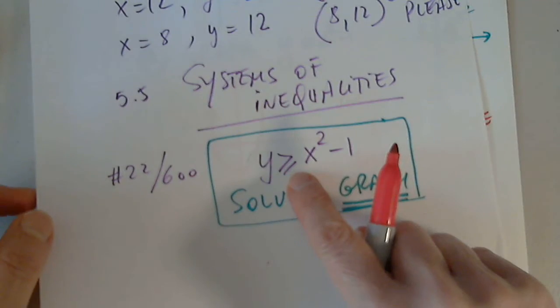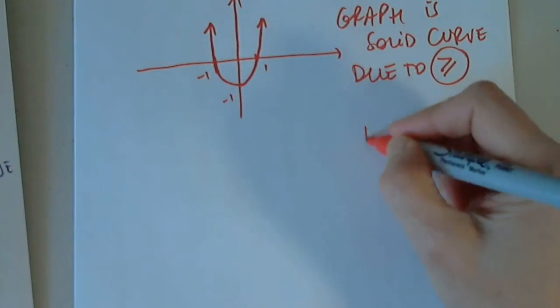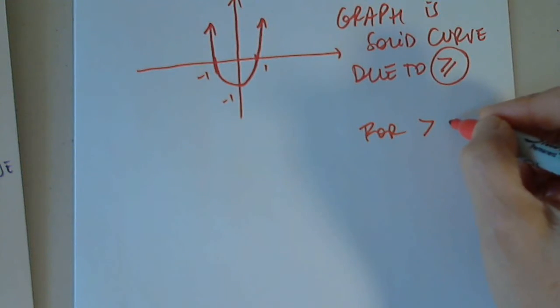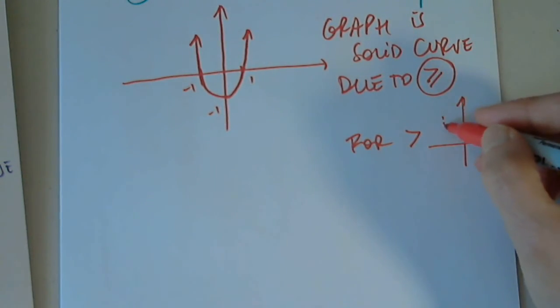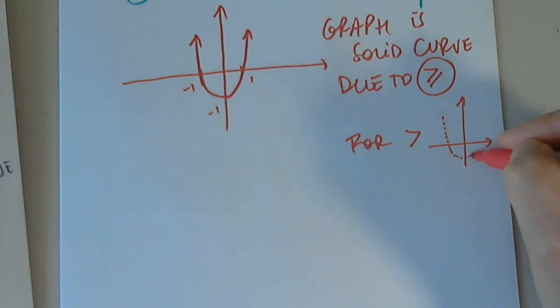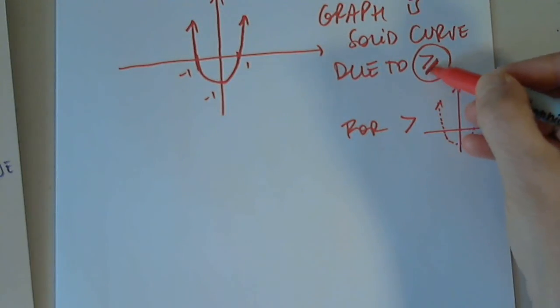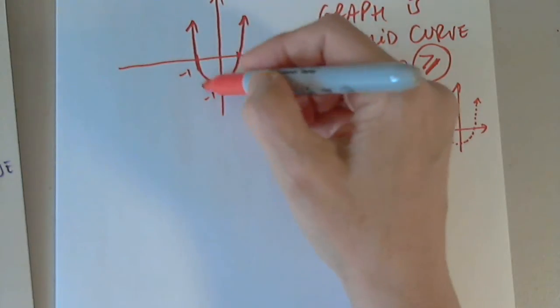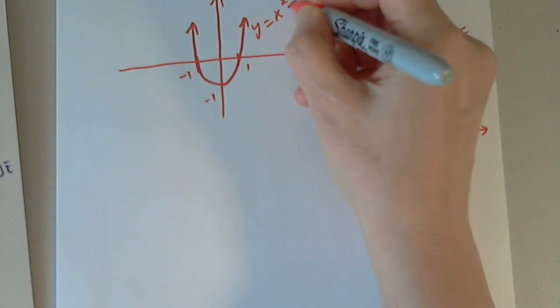If I don't have the equal symbol here, I will graph it dashed. So for greater than, I will graph the function like this. Why? Because points on the curve will not be part of the solution. If I have the equal symbol in the inequality, I will graph it as a solid curve. So this is y equals x squared minus 1.